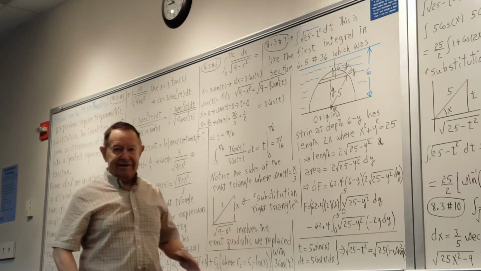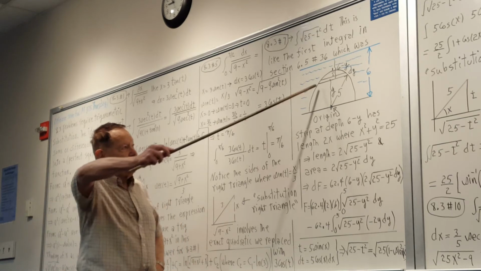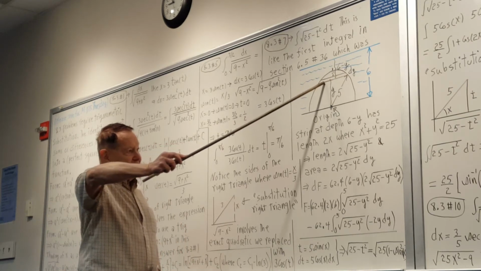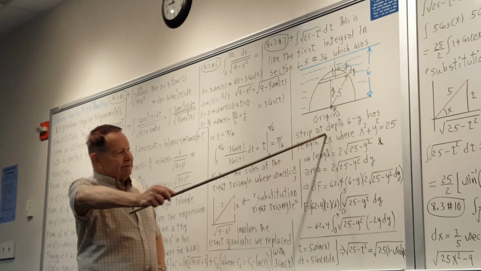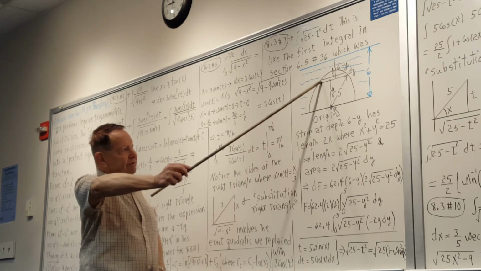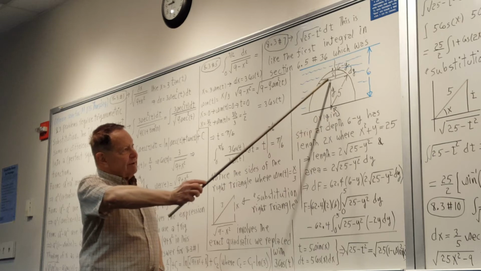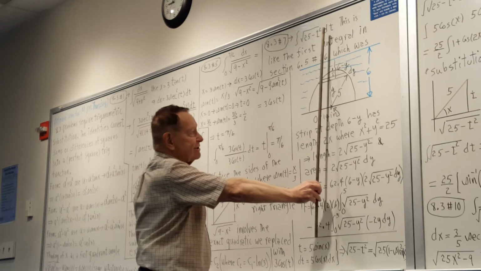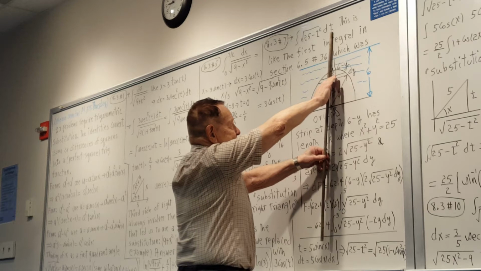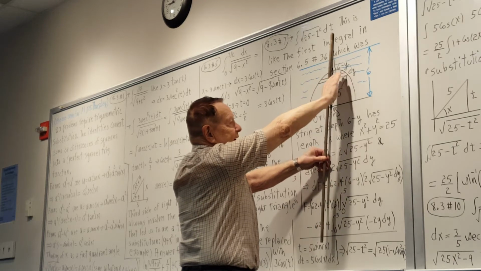So it's density times depth times area of the representative slice. So this strip has a length of 2x if your y-axis is here and it's x each way, right or left.